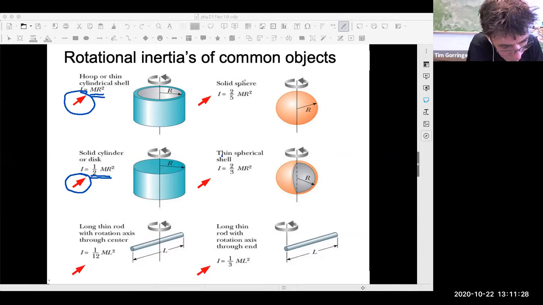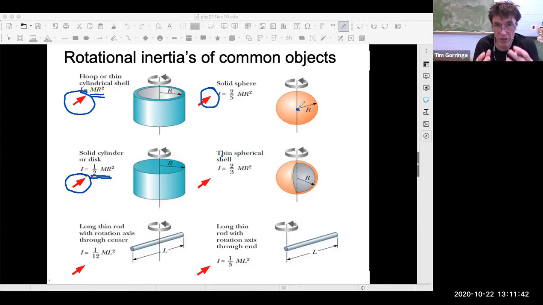One other case I'll look at. This is a sphere up here on the top right. The solid sphere is the geometry where you pack the mass so you can get it as close as possible to the center of the sphere. So that's kind of a special geometry where you're trying to put the mass as close as possible.